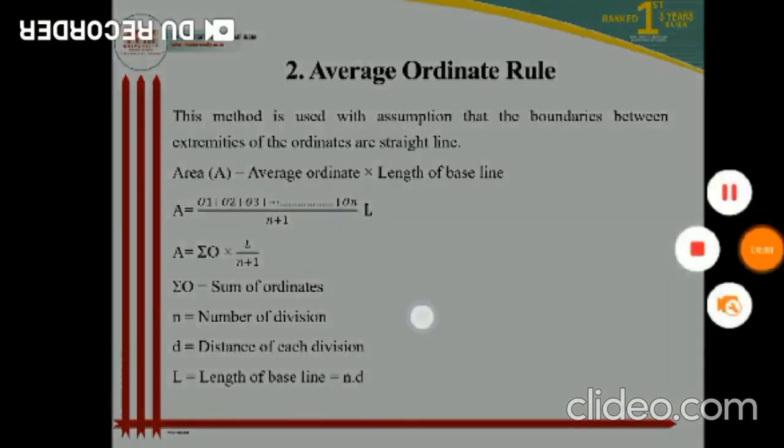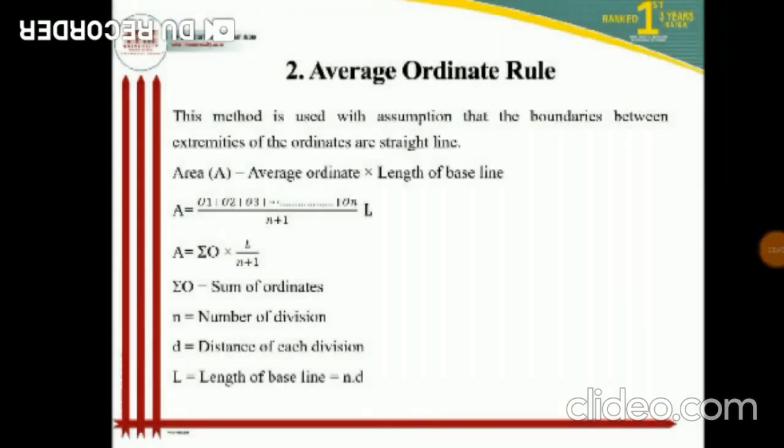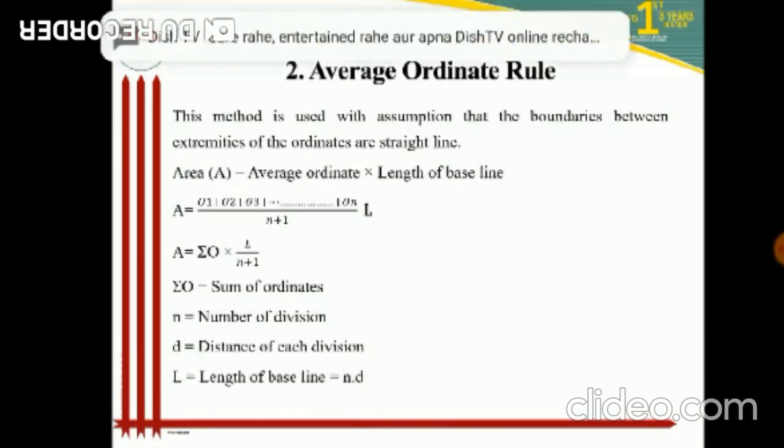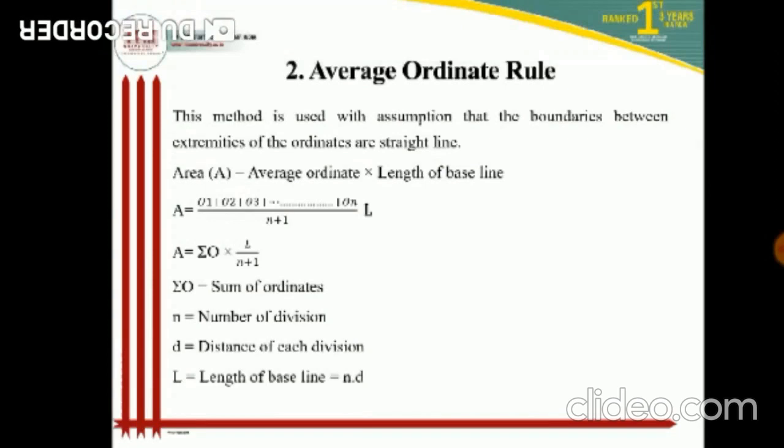Second is the average ordinate rule. It also makes the same assumption as the previous method. This also assumes the boundary between the extremities of the ordinates is a straight line. Then area A is equal to the average ordinate multiplied by the length of the baseline.